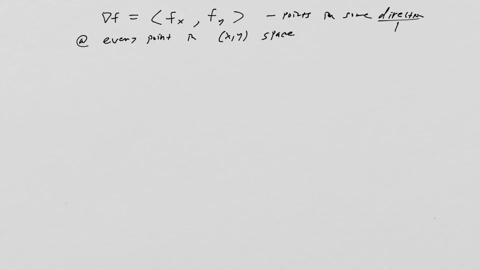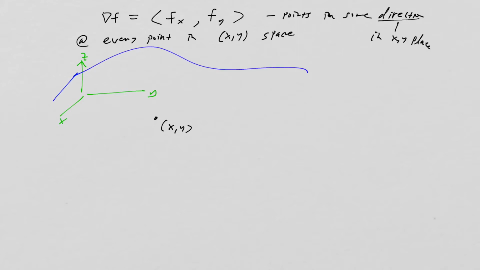It's going to be a direction in the xy plane. One way to think about this is that we have our z axis, we have x and we have y. Let's say I pick a point (x, y). And of course, we also have this surface.